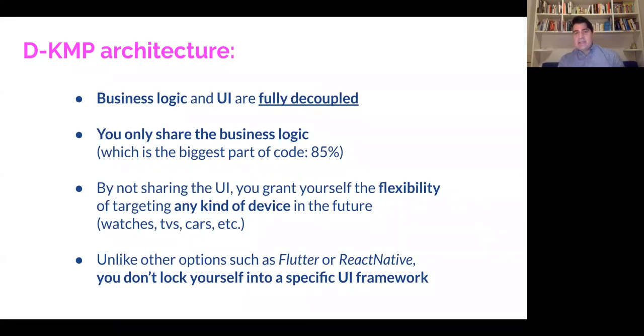So if a new platform or new device comes out and we want to reuse the code that has been written, you are not able to do that in Flutter and React Native. This is a very important selling point of KMP in general, and really the main difference from Flutter and React Native. There are other differences, and we're going to show them, but this is a very important one: the flexibility to use any UI toolkit.